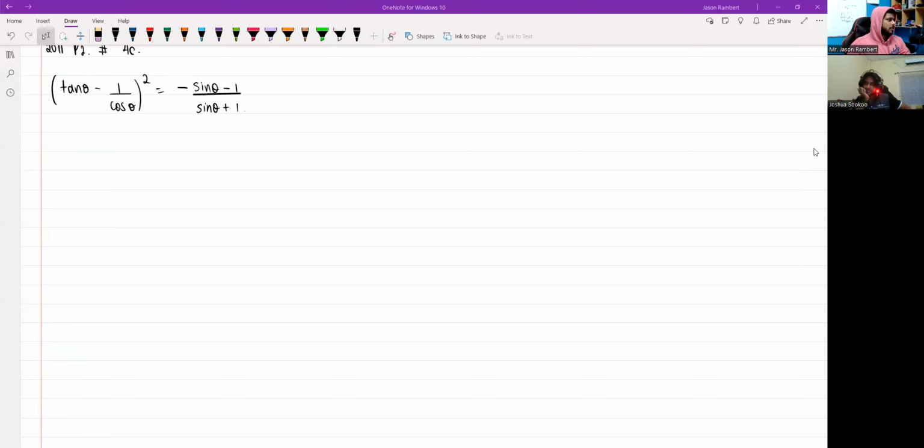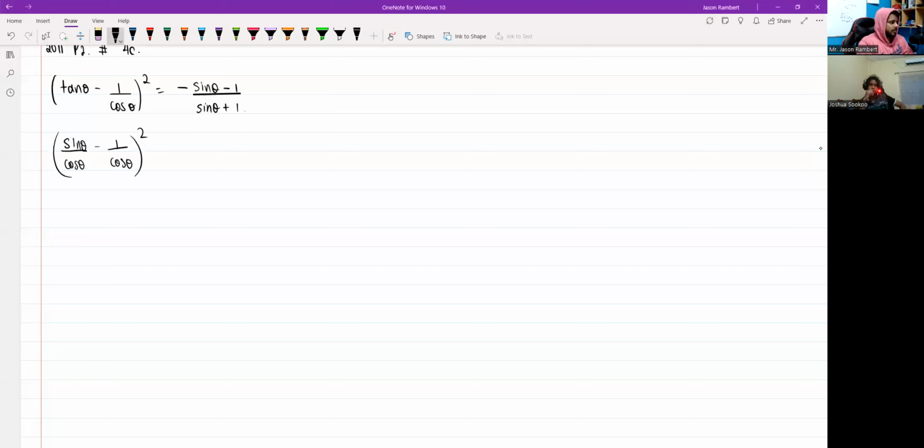So the first thing you did was take the left, and you brought the brackets in as one fraction. You substituted tan theta, so this turns out to be sine theta over cosine theta minus 1 over cosine theta all squared.